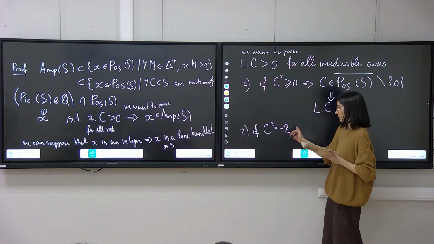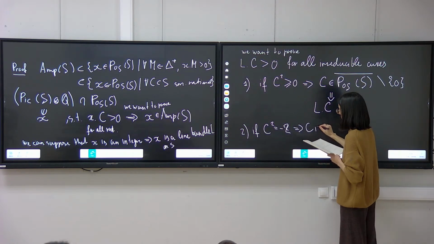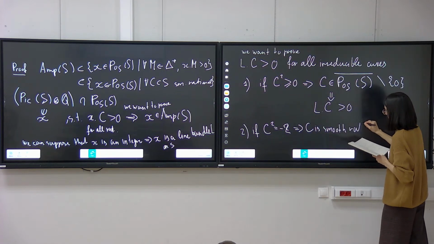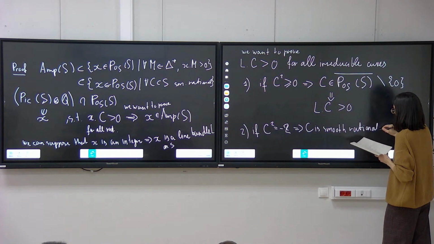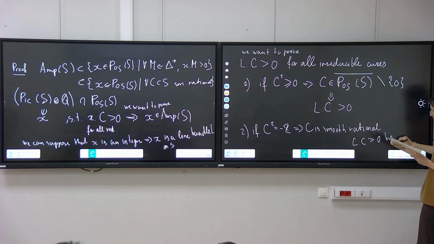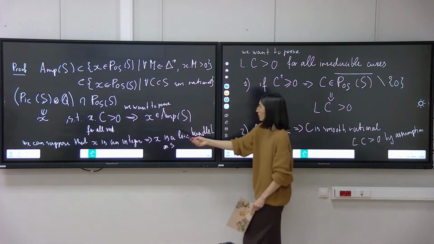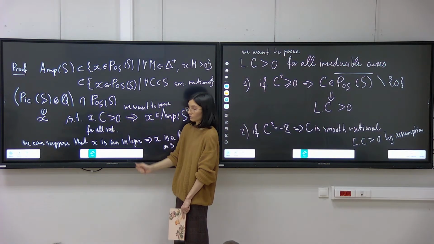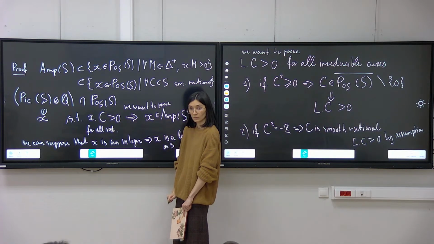But this means that C is a smooth rational curve. We have this by assumption, because we assumed that L has positive intersection with all rational curves.